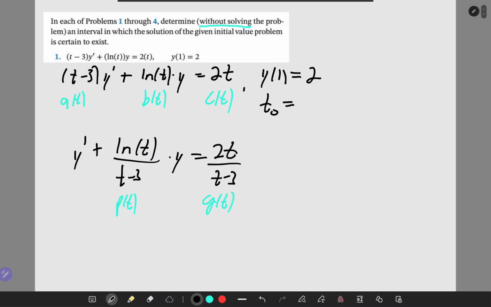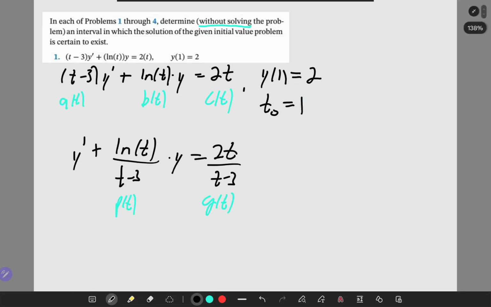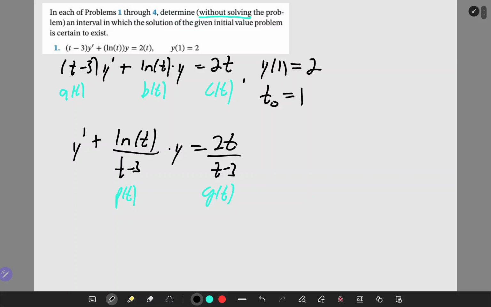But anyways, from the existence and uniqueness theorem, we know that y of t naught has to equal y naught, right? So our t naught in this case is 1. That's important to know, because t naught has to be in our interval of t, which I believe is alpha to beta. Because it's a linear problem, we only have to find the interval of t.